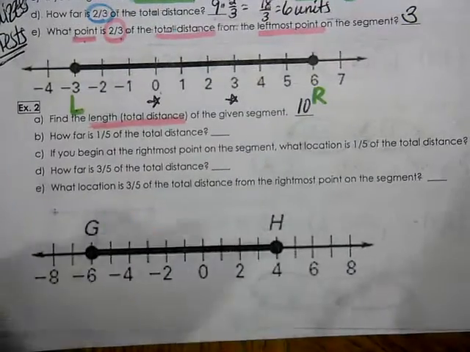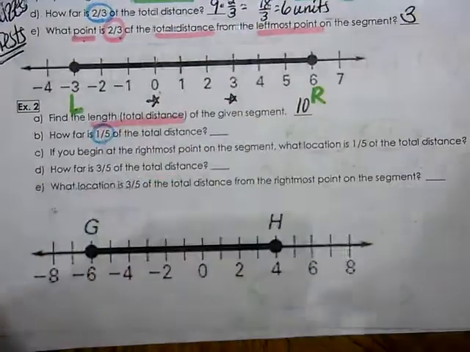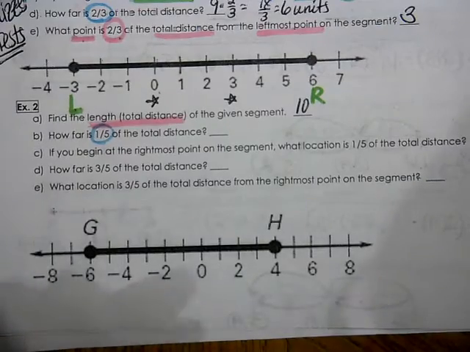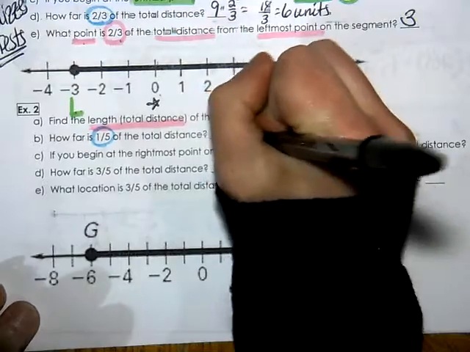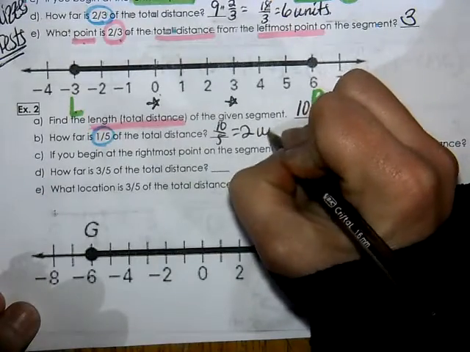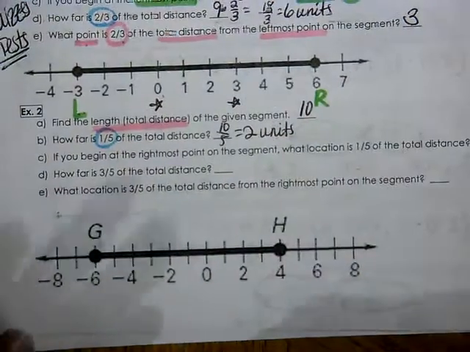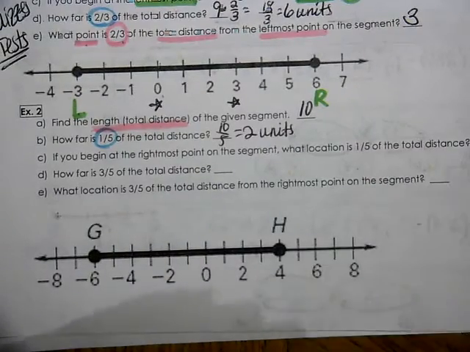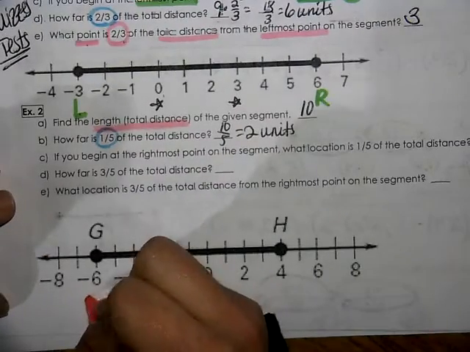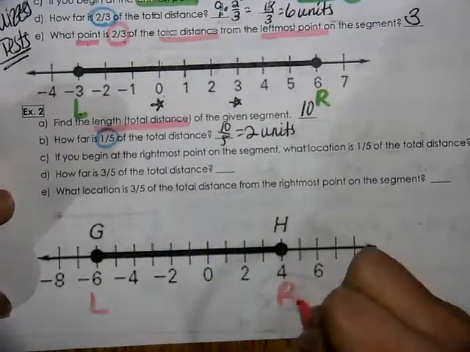How far is 1/5 of the total distance? Well, 1/5 of our total distance is basically 10 divided by 5. That is 2 units. If I travel 2 units, that is 1/5 of our total distance. So if you begin at the rightmost point, let's go ahead and label this left and right.